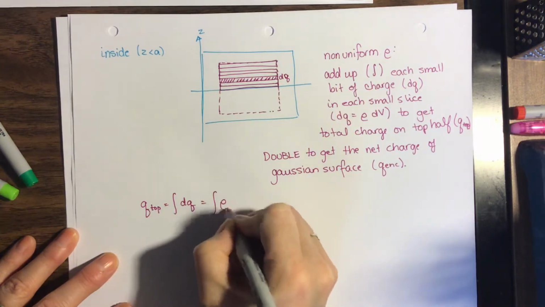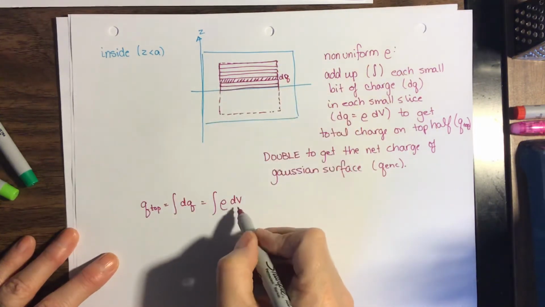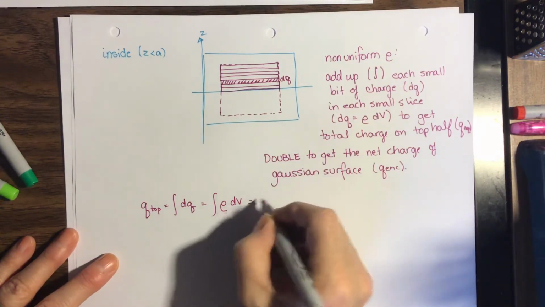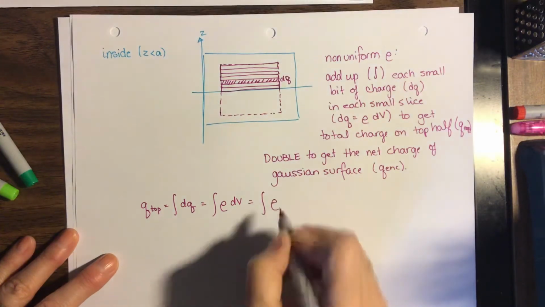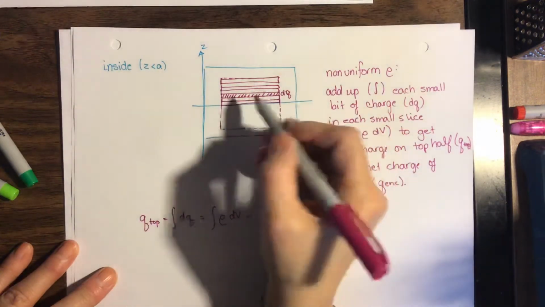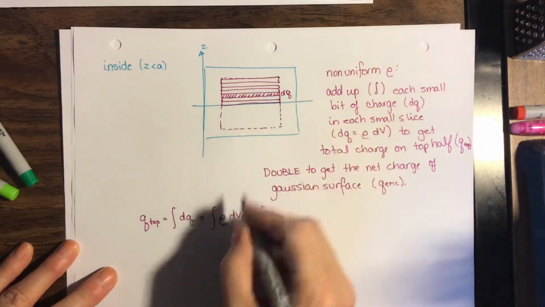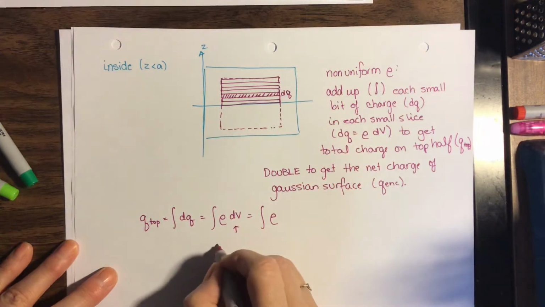Each little dq can be found by doing density times volume. It's only a little slice, so it has a little volume dV. The first thing we're going to figure out is how we say what dV is. dV is the volume of this little slice, and remember this is a three-dimensional object. The volume is going to be area times thickness.